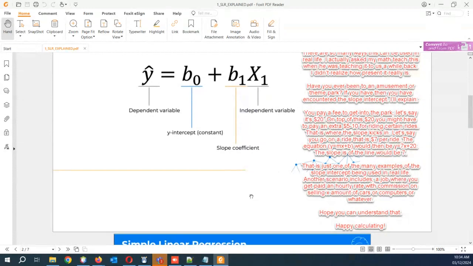Remember that amusement park example: $20 an hour, and let's say you make 3 sales and then multiply by 2, the number of sales you made. You add that, so you will get $26 as an hourly pay. So you can have so many real life examples.